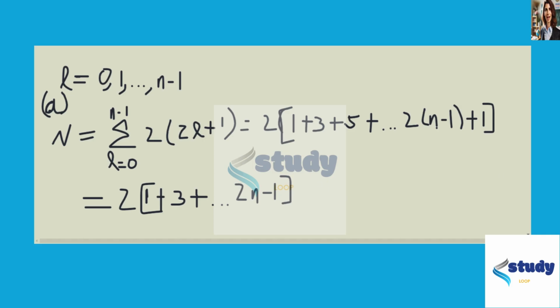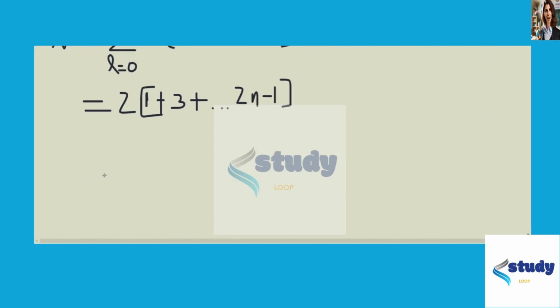So the number of electrons filled is therefore equal to N equals 2 times n times 1/2 times 1 plus 2n minus 1.